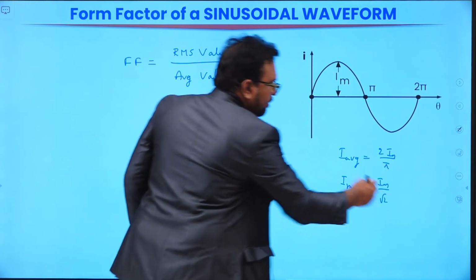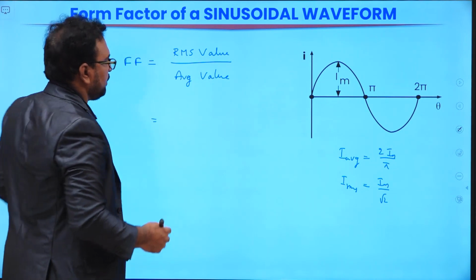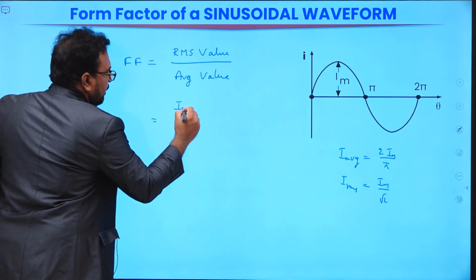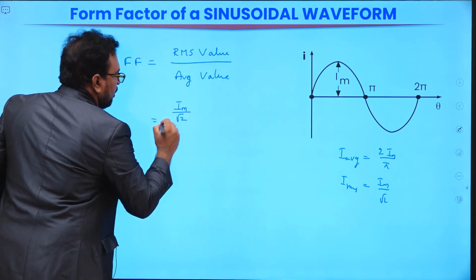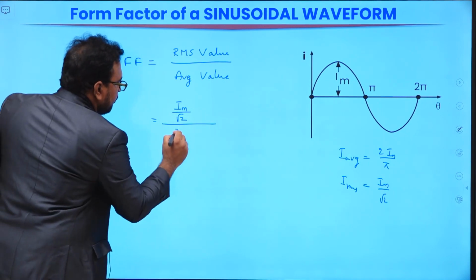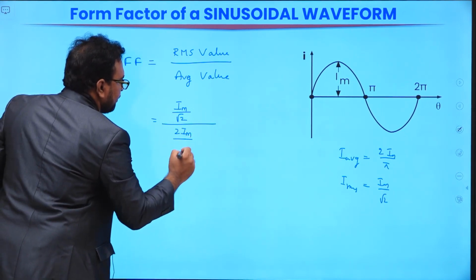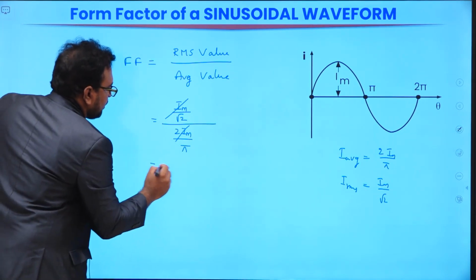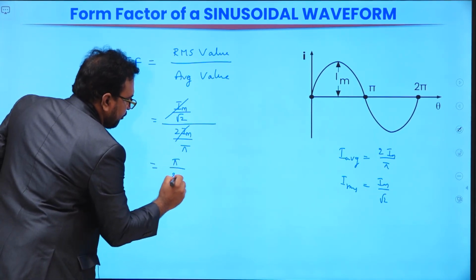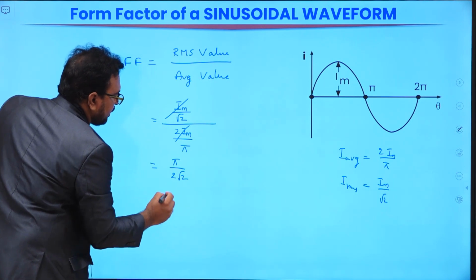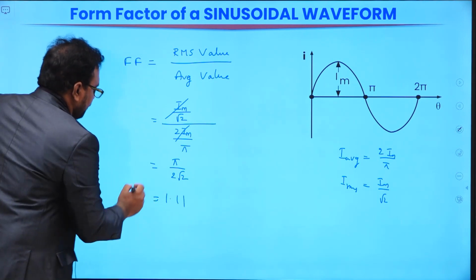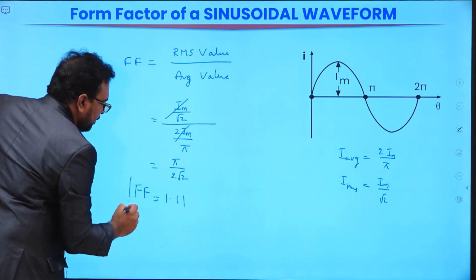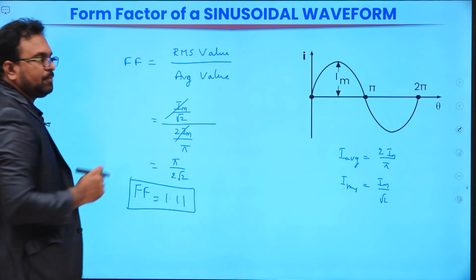We have already calculated these two values. Now substitute that. I RMS is Im by root 2. What is the average value? 2 Im by pi. So this Im gets cancelled. The answer will be pi by 2 root 2. It will be approximately 1.11. So the form factor of a sinusoidal waveform is 1.11.